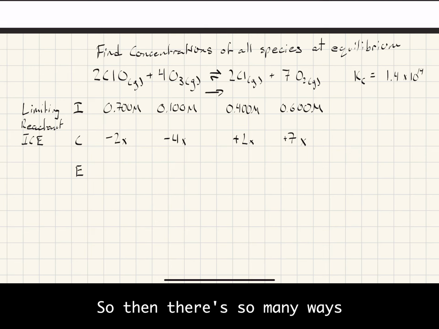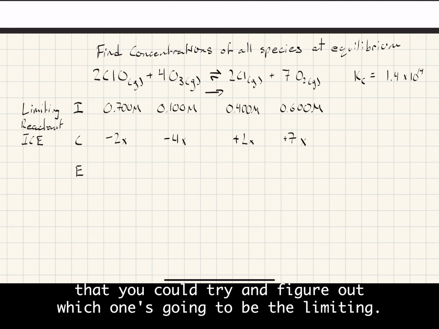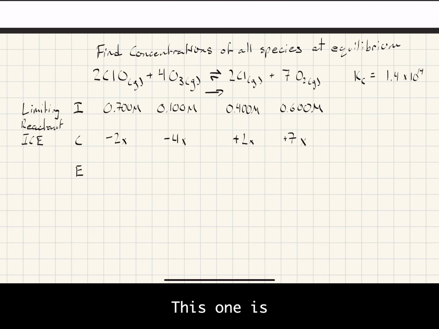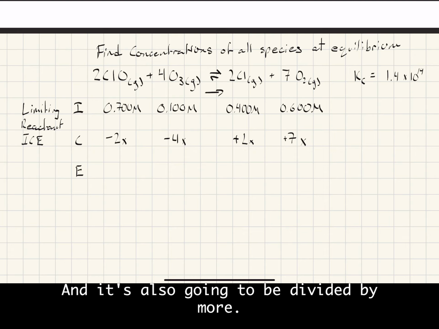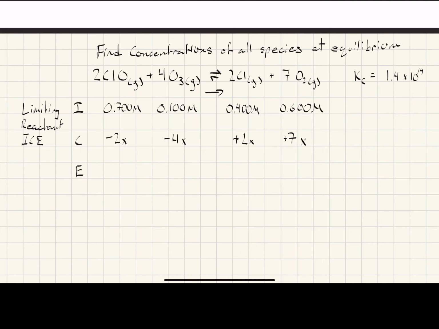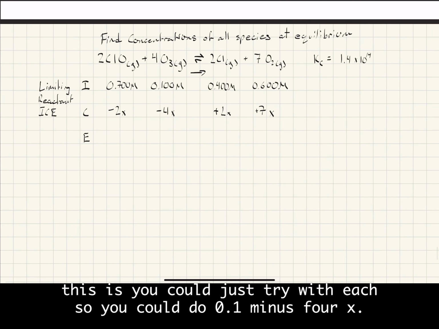So then there's so many ways that you could try and figure out which one's going to be the limiting. This one is pretty easy because this is a lot less, and it's also going to be divided by more. Another way you could do this is you could just try with each.